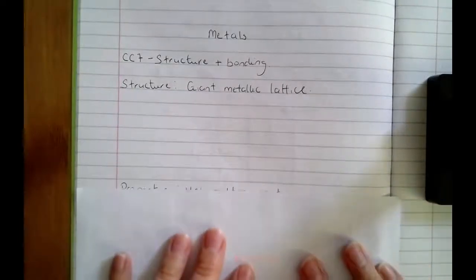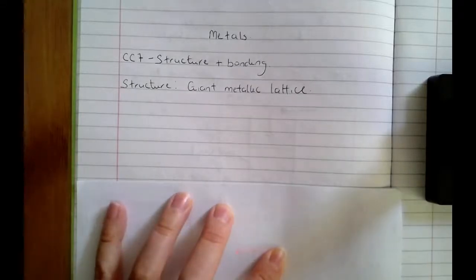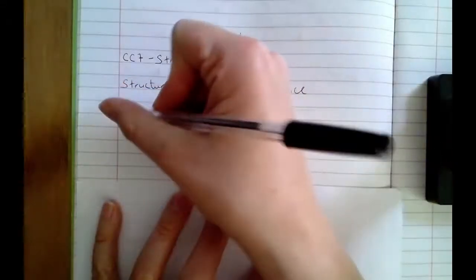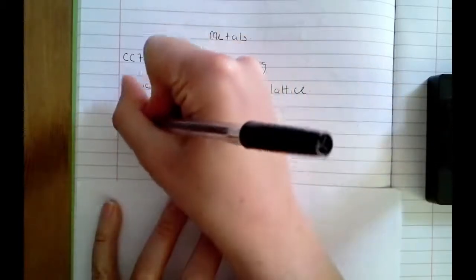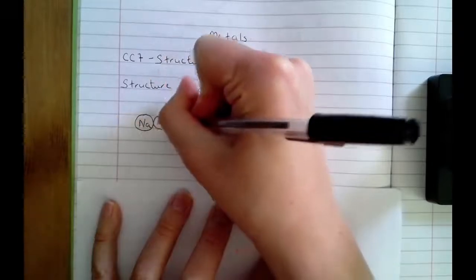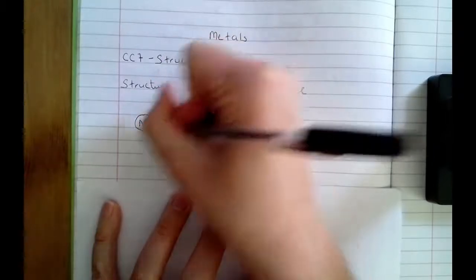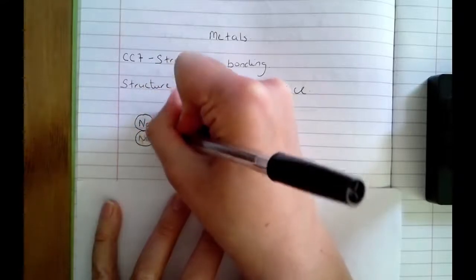Okay, so if I draw, for example, sodium, okay, so sodium is a metal. It's made up of sodium atoms, and because metals are solid at room temperature, I'm going to draw these sodium atoms arranged as if sodium was a solid.